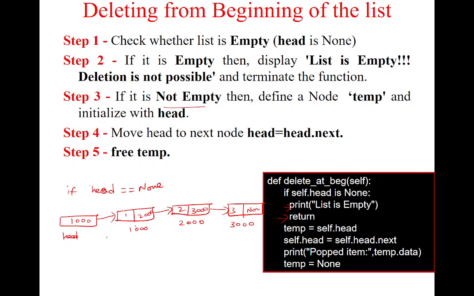If we are deleting this node, what are the changes we have to do? Only in the head part we have to bring 2000 so that it will be connected like this.